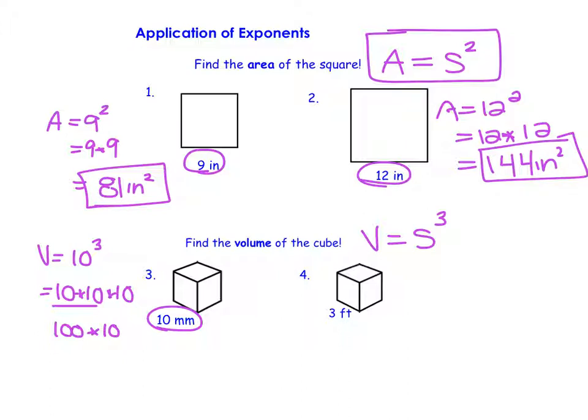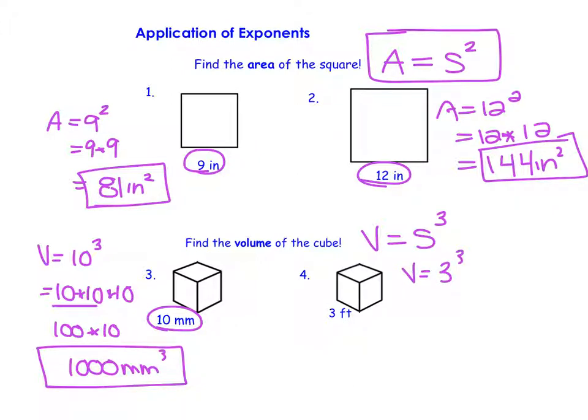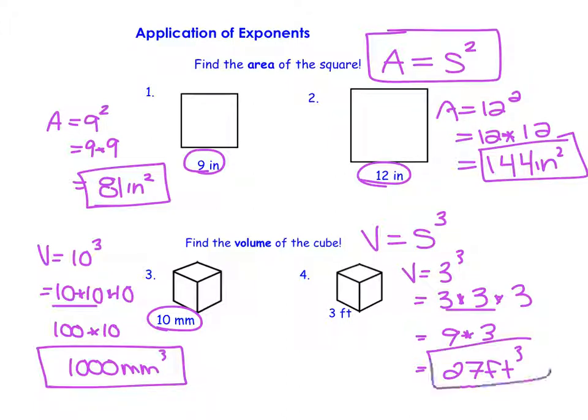And then 100 times 10 is 1,000, and that would be then millimeters cubed because our 10 was cubed. And then finally our volume of this cube would be 3 cubed, which is 3 times 3 times 3. Well, 3 times 3 is 9. Then 9 times 3 is 27, so we have 27 feet cubed.